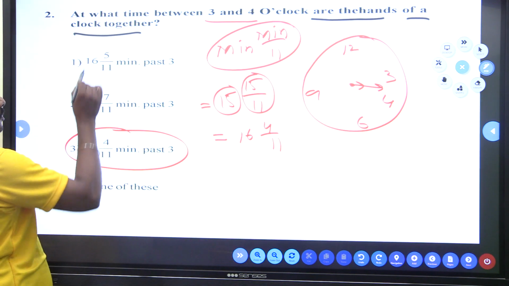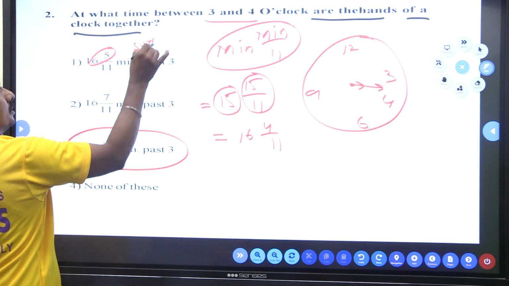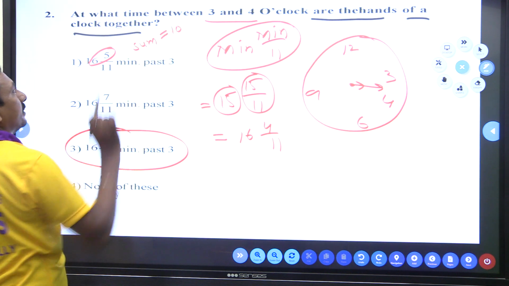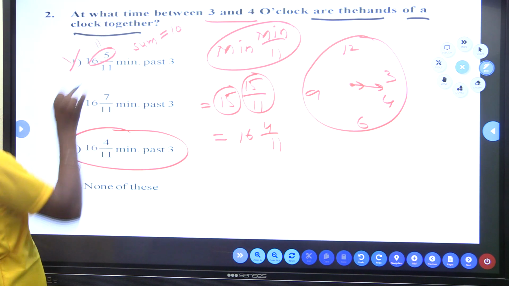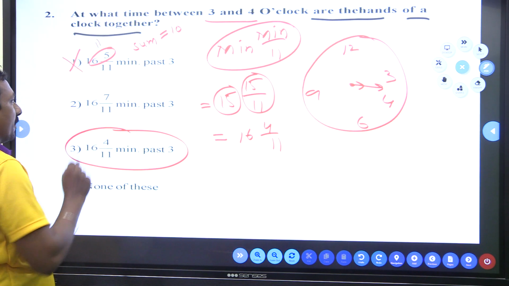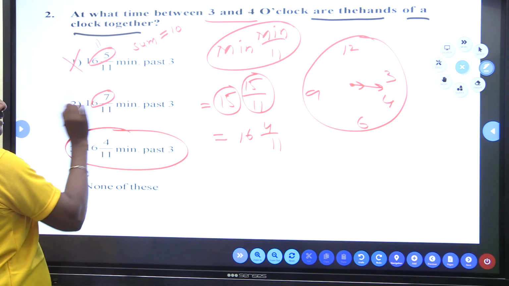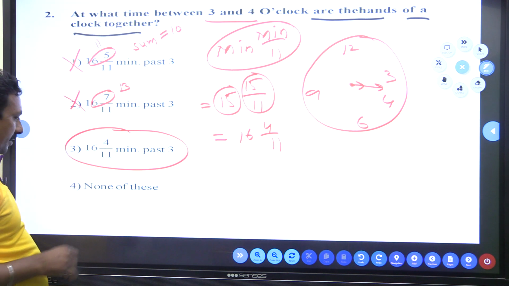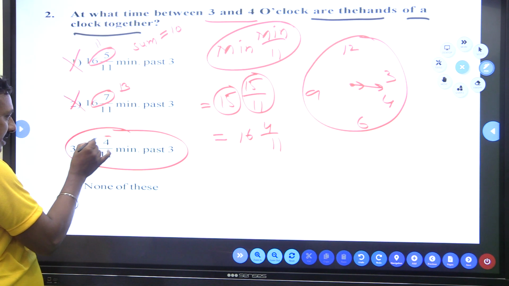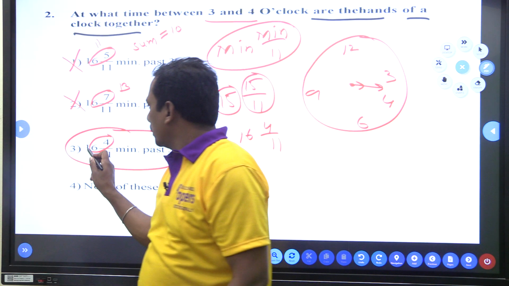Or otherwise, there is one more dangerous shortcut I told you in class. It is very simple: if the sum of these two values is equal to 10, that is the right answer. But 6 plus 5 is 11, so it is not the correct answer. This is the elimination process. 6 and 7 sum to 13, also not equal. Here see 6 and 4: 6 plus 4 is 10.